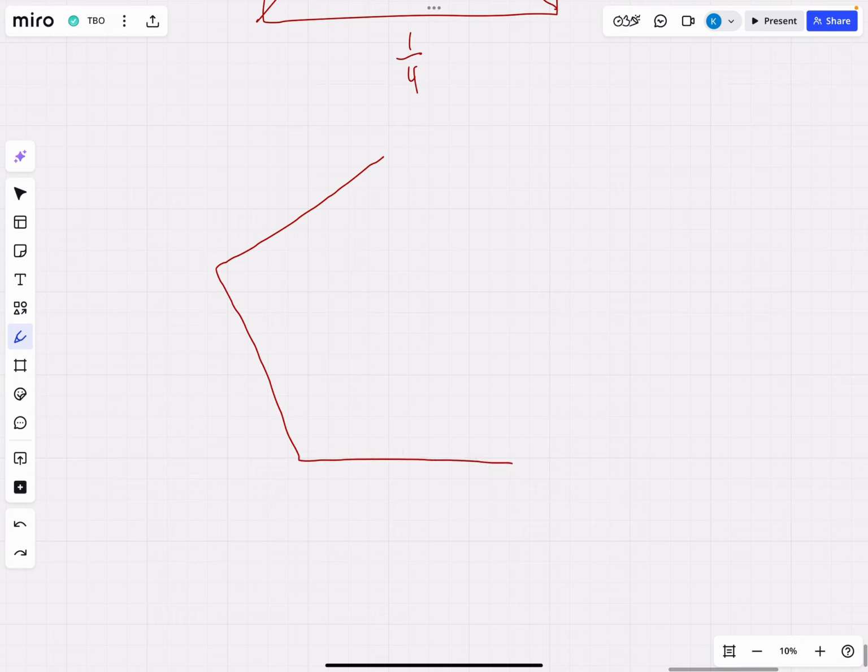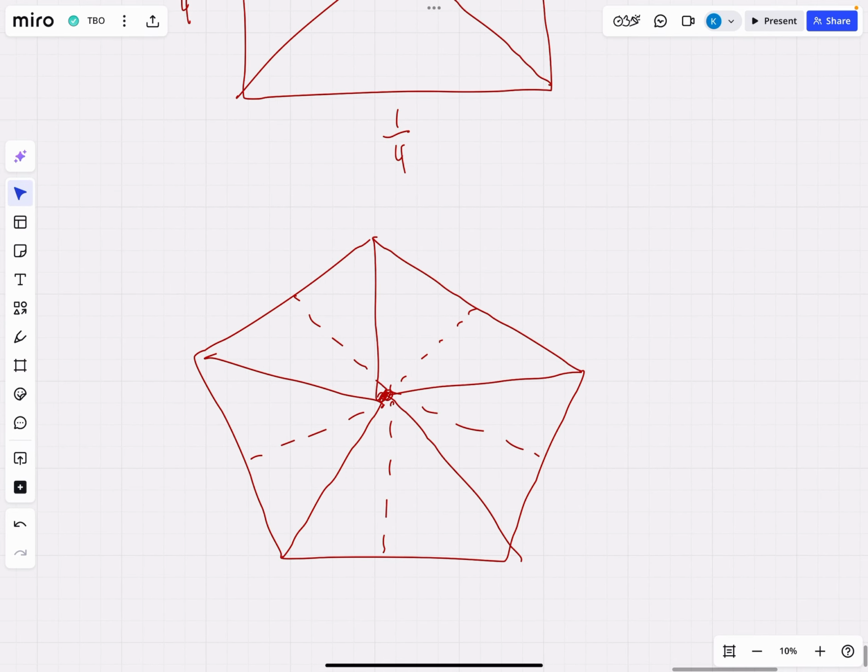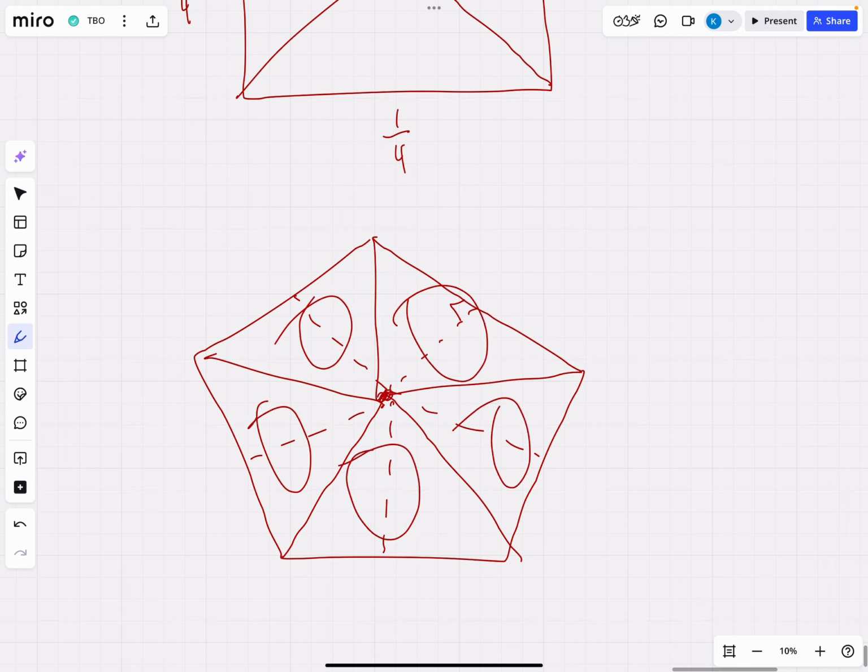So here we have our pentagon, have our center. And we can see that we can simply break up our polygon into these different congruent triangles in which we have exactly n of these triangles, so 1, 2, 3, 4, 5, whose areas we're trying to calculate.